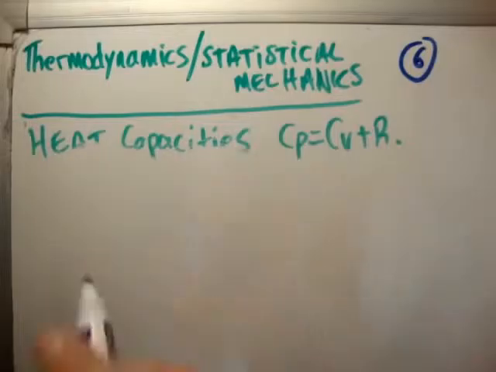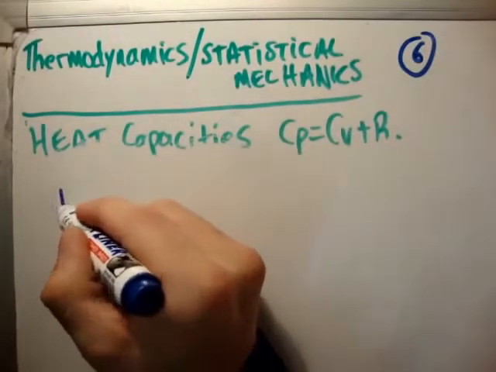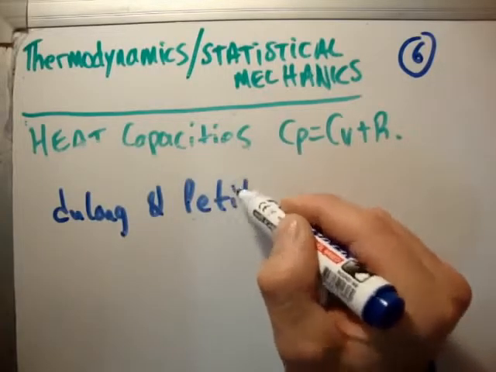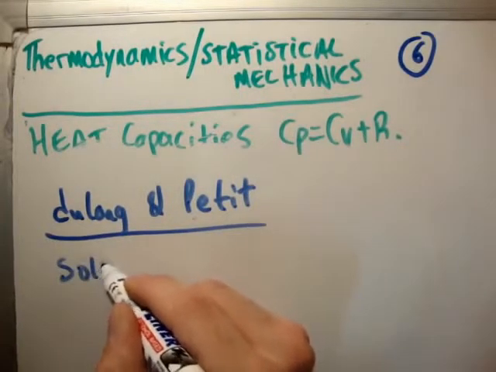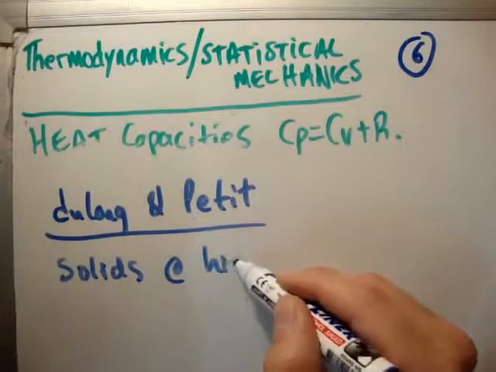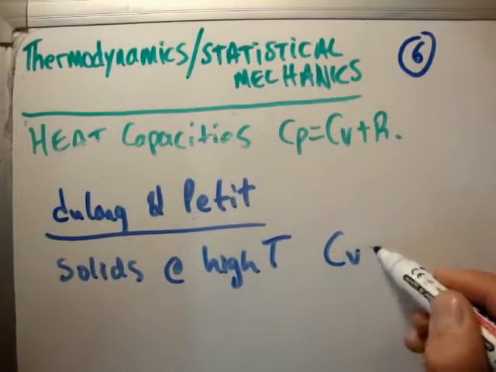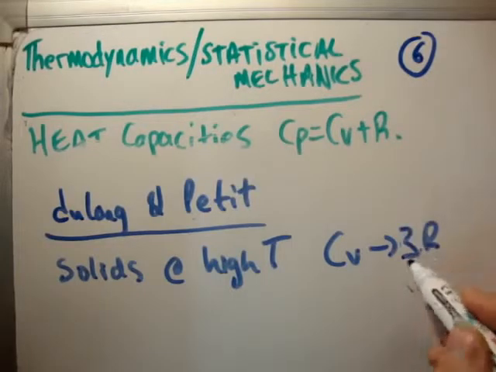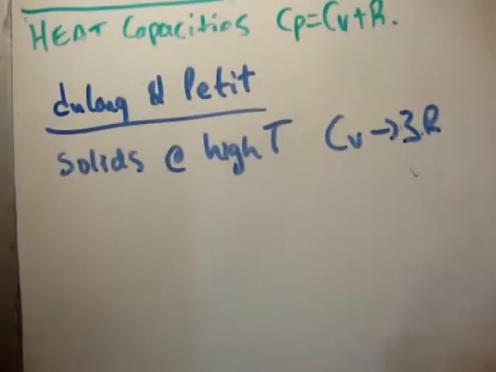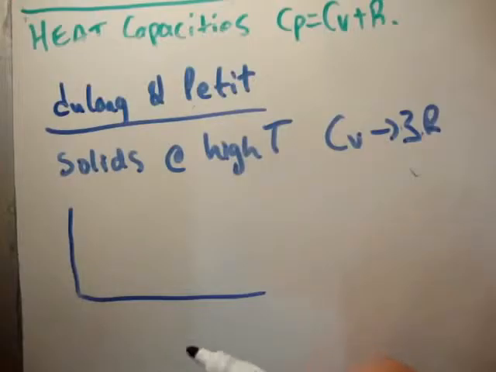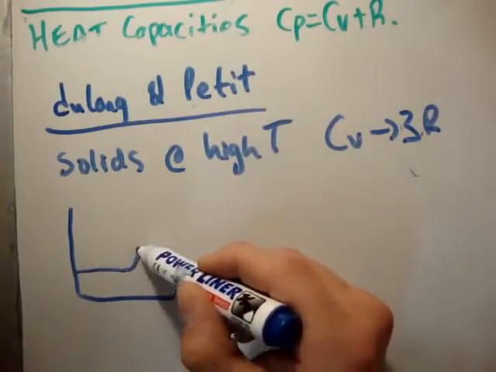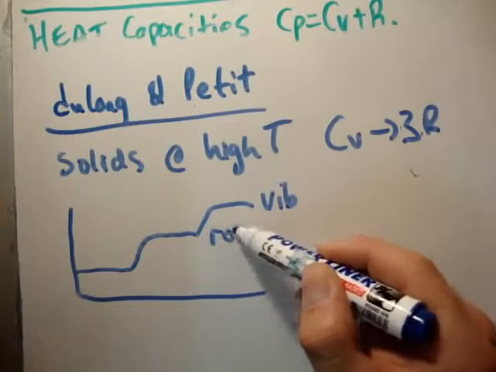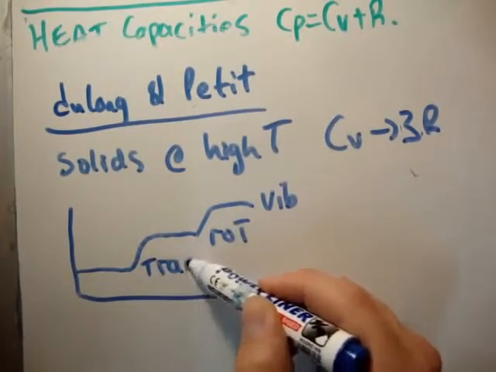So the law of Dulong and Petit is the following: for solids at high temperature, CV goes to 3R. This is the law of Dulong and Petit. It is one of the things which actually inspired quantum mechanics. So basically what we have is as follows: there's our vibrational energy, rotational energy and translational energy.